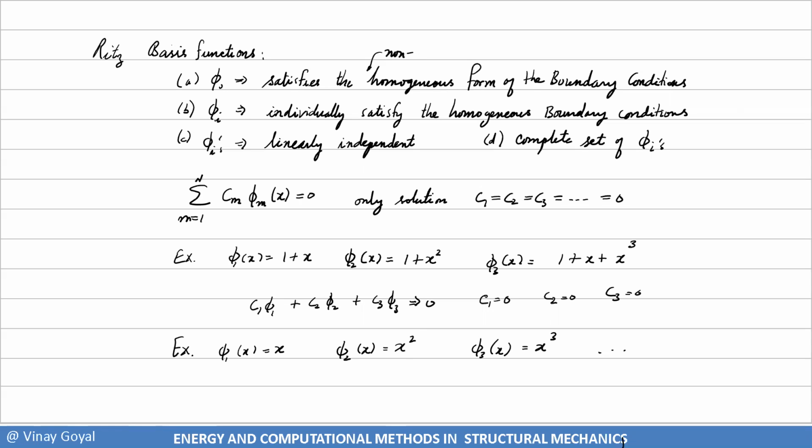If you have a complete set and it satisfies so far A through C and is complete and is linearly independent, you can actually show that in the limit as n goes to infinity, the number of terms goes up, the functional I, which has the approximation function inside, is going to approach the exact solution.